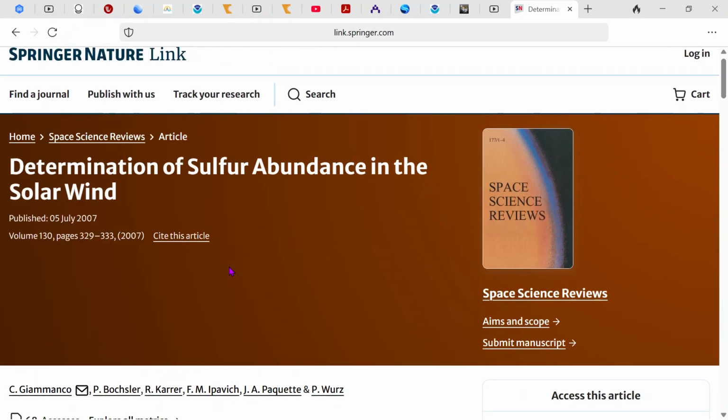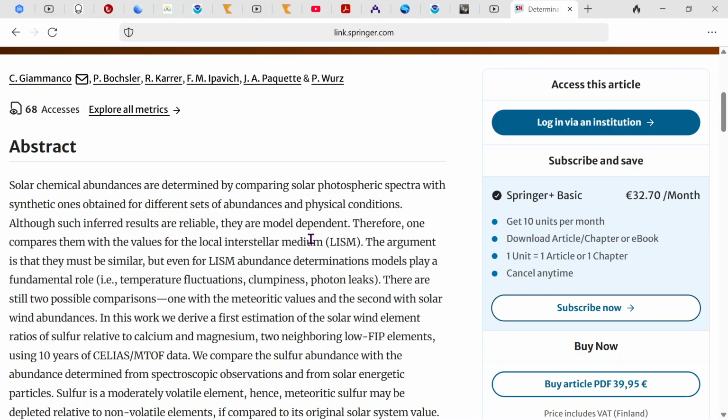Because not only do we find sulfur on Venus, but there's also sulfur in the solar wind. Solar chemical abundances are determined by comparing solar photospheric spectra with synthetic ones obtained for different sets of abundances and physical conditions. Although such inferred results are reliable, they are model dependent.